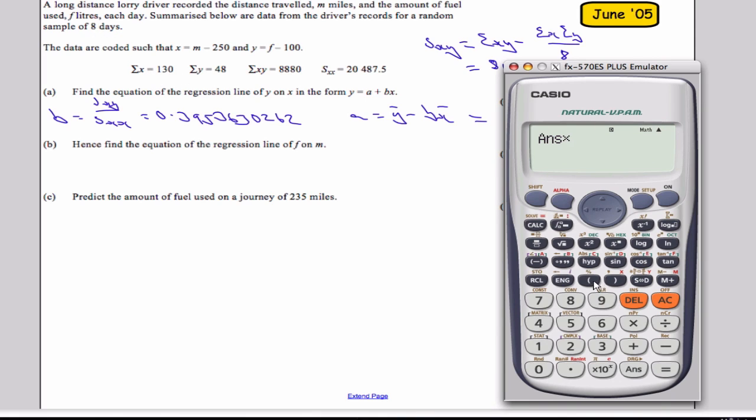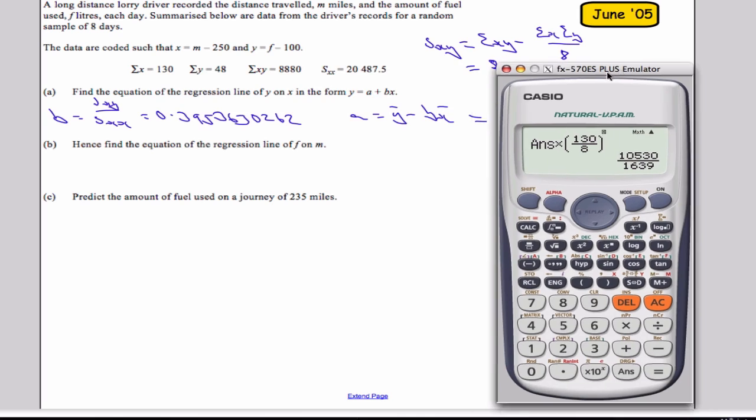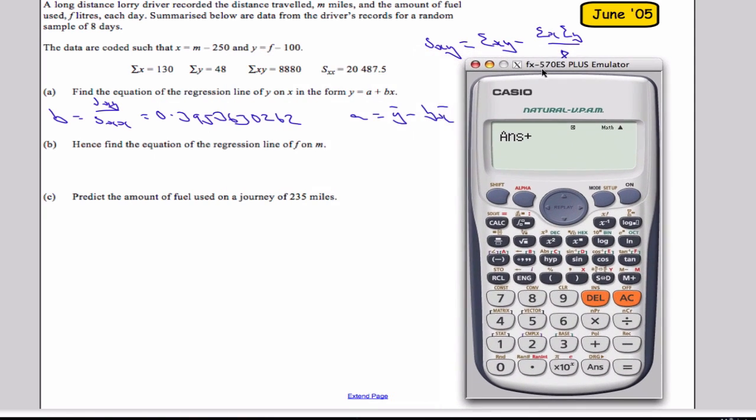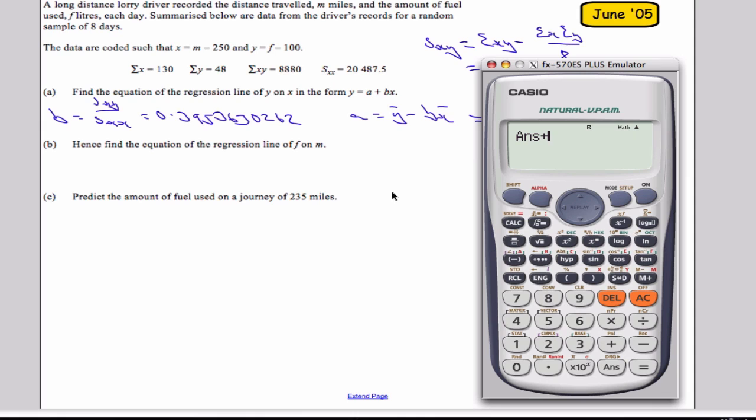So I'm going to multiply my answer by 130 over 8. Okay, so now I know what b times x bar is. I'm going to multiply it by minus 1 to make it negative. And then I'm going to add on y bar, which is found by doing 48 divided by 8, which is 6.